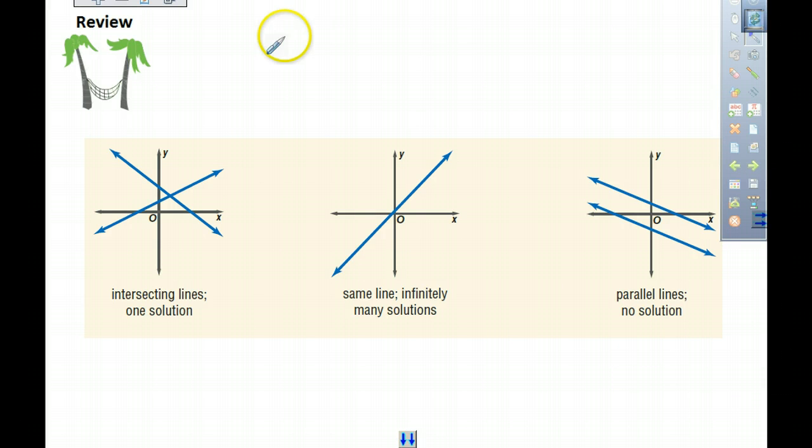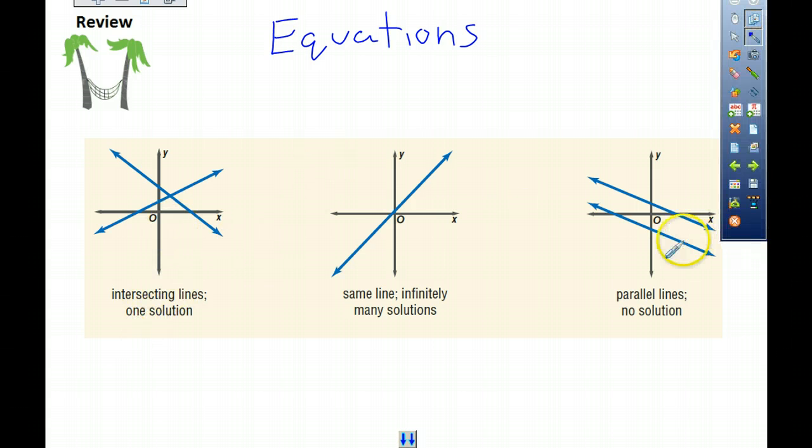Okay, we'll review. 4 equations. 4 equations right here. Equations only. Slight differences with inequalities, that's what you're going to keep in mind. 4 equations, you have 3 possibilities. You can graph 2 lines 3 different ways. First way gives you one solution. Second way, you get infinitely many.